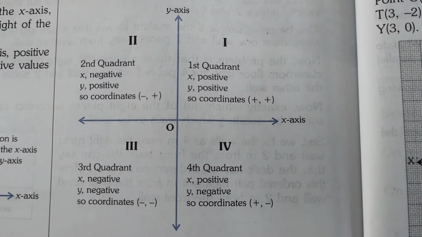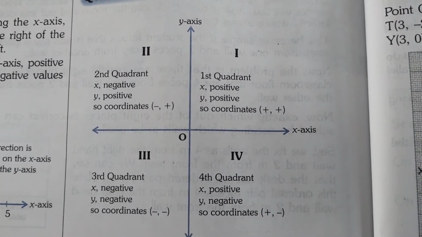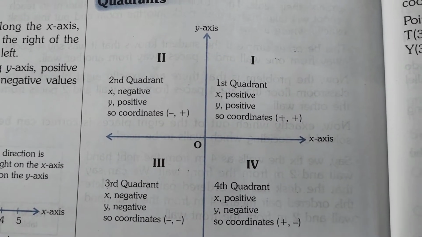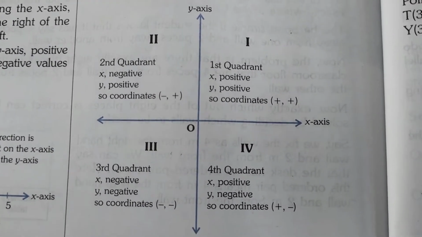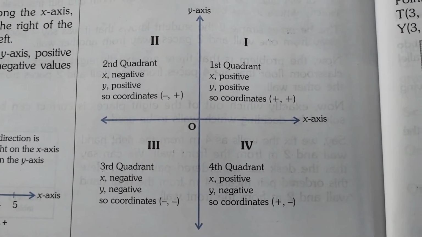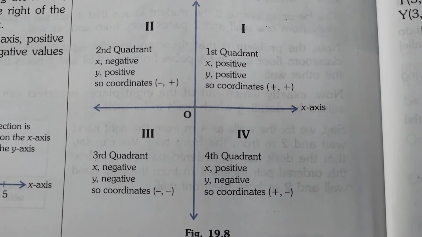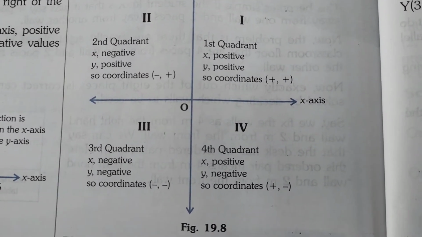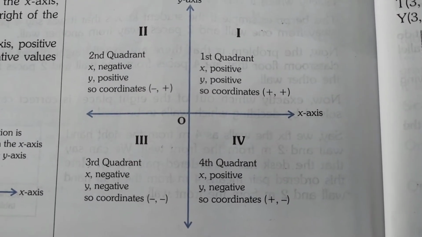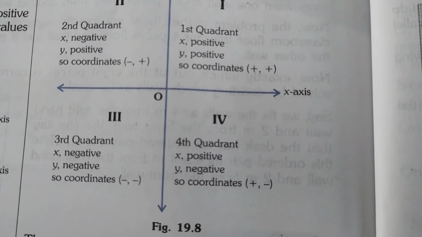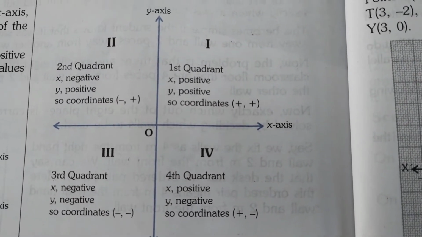In the second quadrant x is negative and y is positive, so minus x and plus y. In the third quadrant both x and y coordinates are negative, so minus minus. In the fourth quadrant x is positive and y is negative, so plus comma minus. Like this we can locate the coordinates.